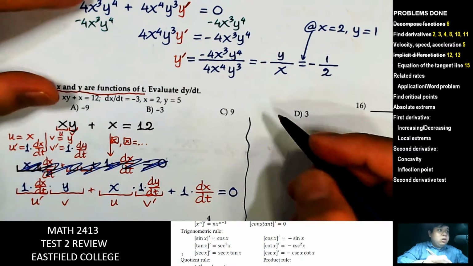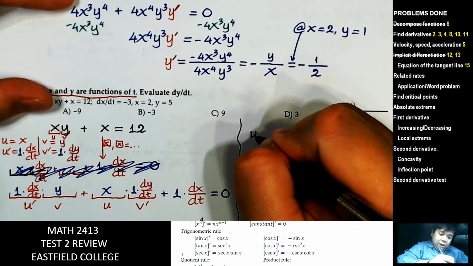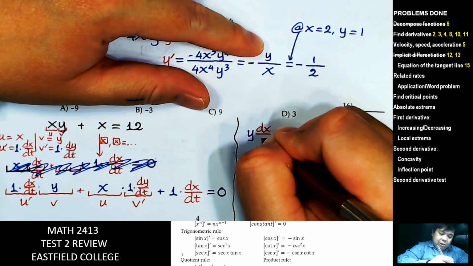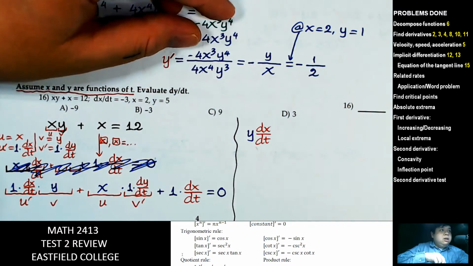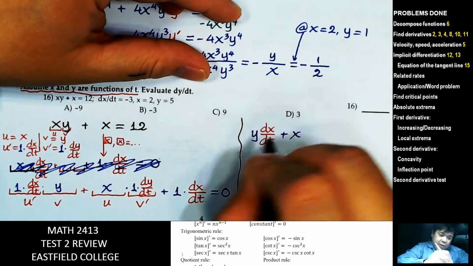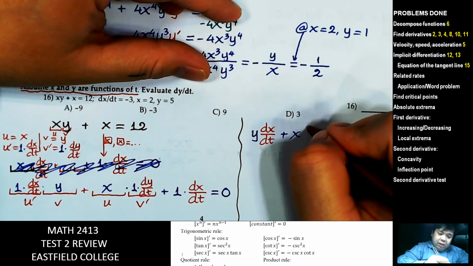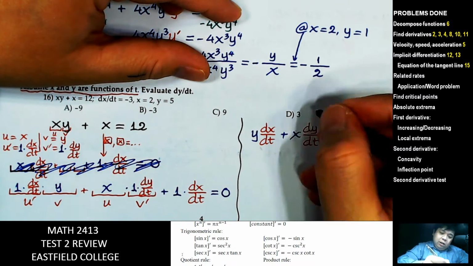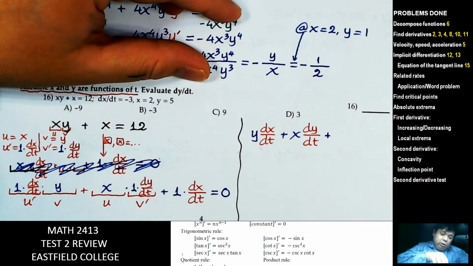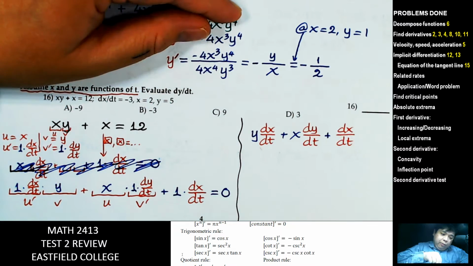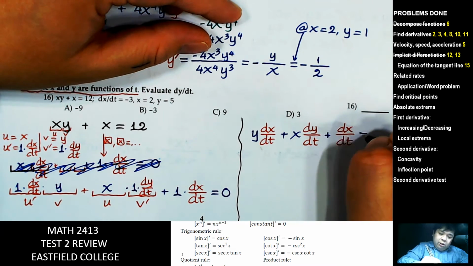Let's clear this out. Simplify this. y dx over dt plus x dy over dt plus dx over dt equal to 0.